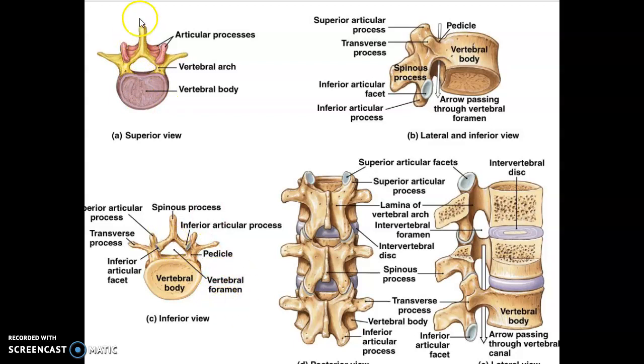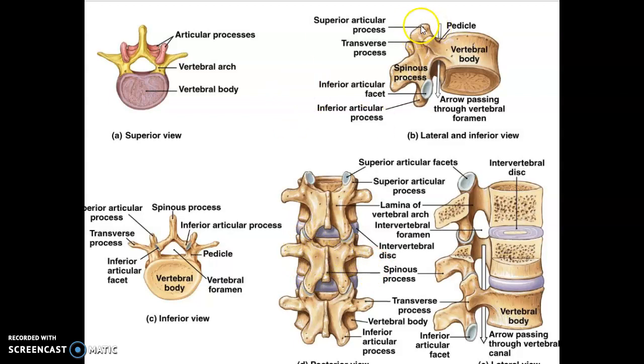Now, this portion that sticks out at you is the spinous process. These portions running to the sides are the transverse processes. But we also have articular processes, which means they articulate, or they come together with another bone. Here we can see that this articular process is articulating with that articular process. So this is the inferior articulating process of this vertebra, and it's articulating with the superior articulating process of this vertebra.